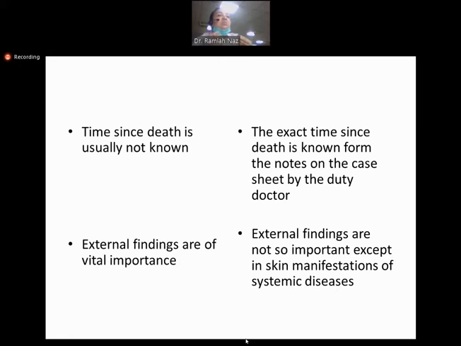Sometimes on proper examination, we will find a very minor prick, which gives you the clue that some kind of intoxication has been given to that person. But in case of pathological autopsy, the external findings are not so important, except for skin manifestations of systemic diseases.